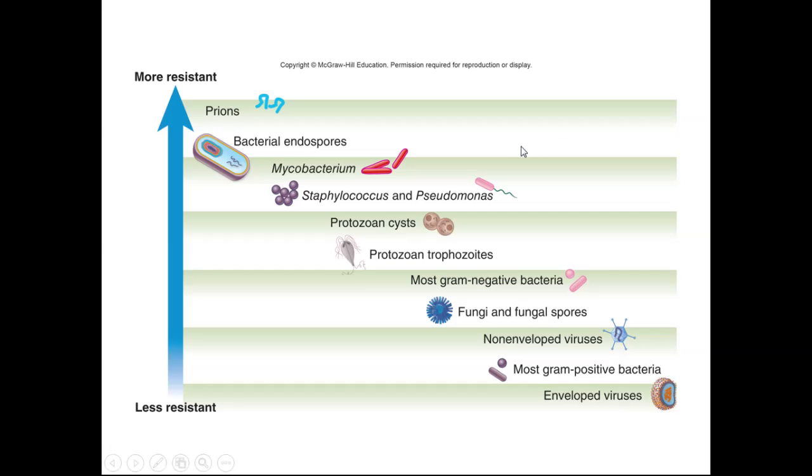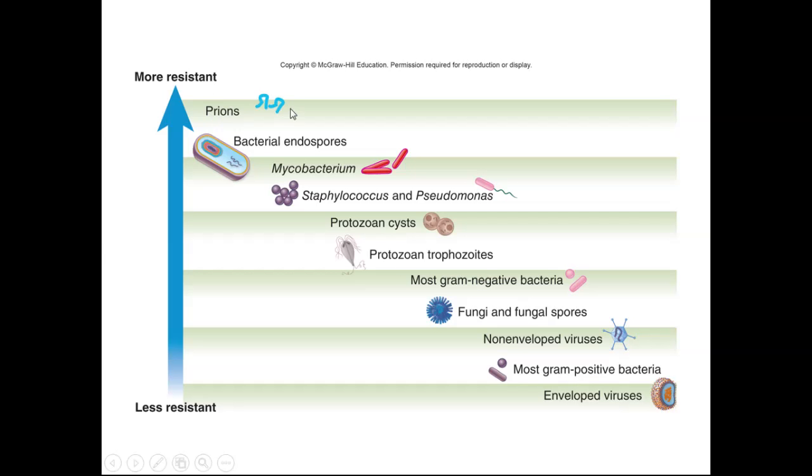So when we talk about sterilization, we're at the level of killing bacterial endospores. And if we can kill those bacterial endospores, then everything else underneath, our mycobacterium, our protozoa, our fungi, non-enveloped and enveloped viruses, our gram-positive bacteria, will be killed off. They will be destroyed. Notice at the top we have prions.